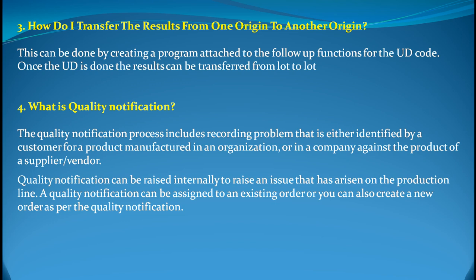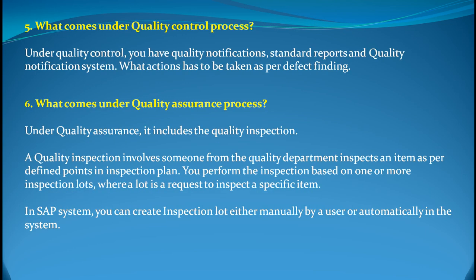Now we see defects happening generally when the production is complete or when there is a problem in the production line. So quality notification arises internally when there is a problem that is noticed on the production line, and a quality notification can be assigned to an existing order also, or you can also create a new order as per the notification.